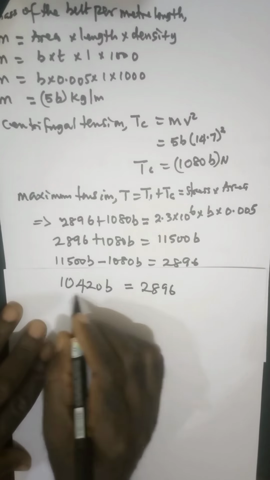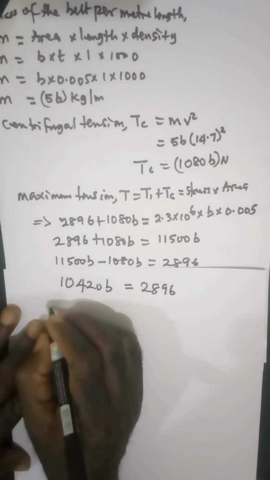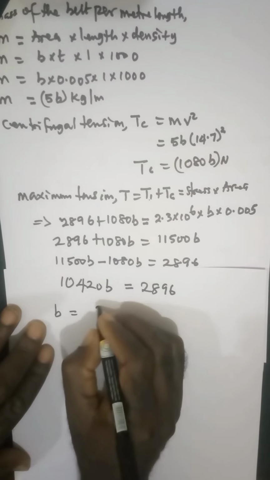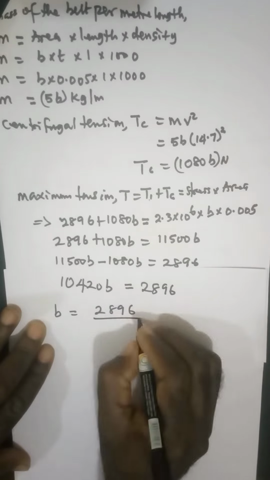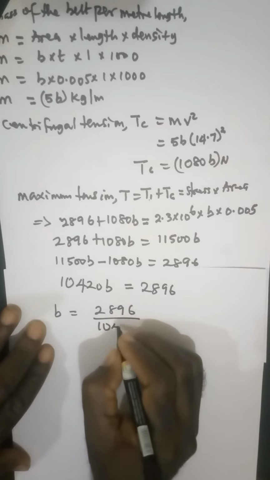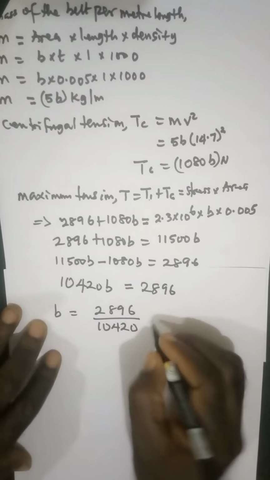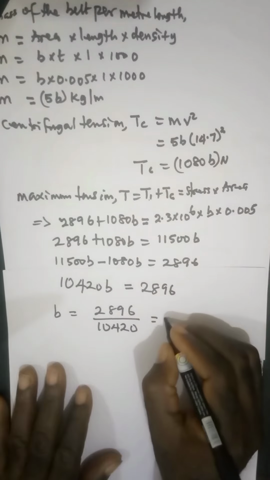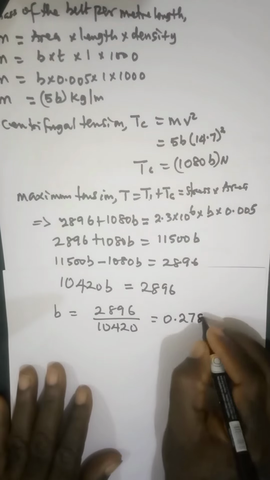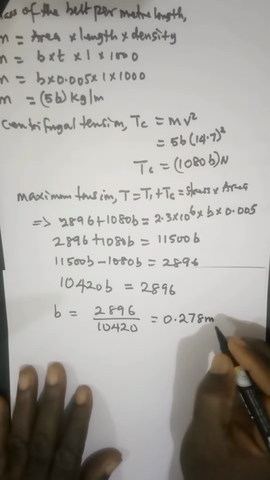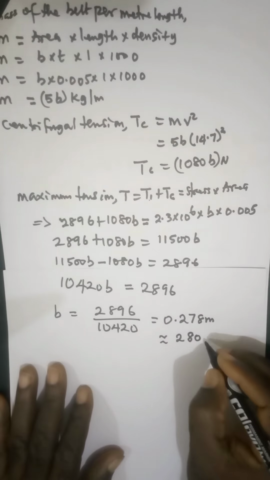Then we divide both sides by 10,420. B will be 2,896 divided by 10,420, and this will give 0.278 meter, which is approximately 280 millimeter.